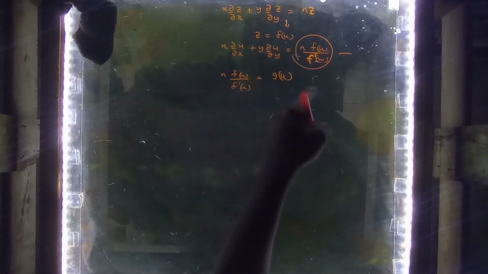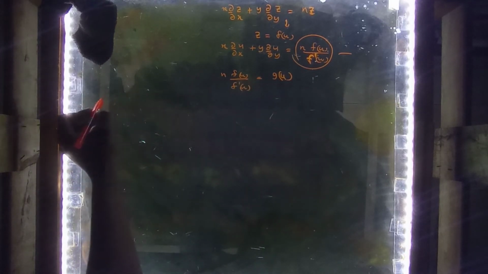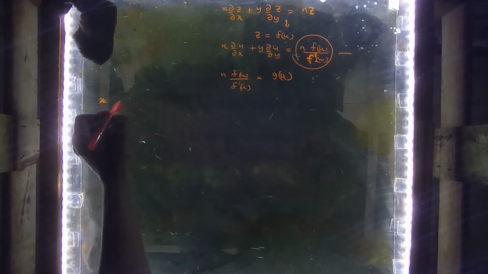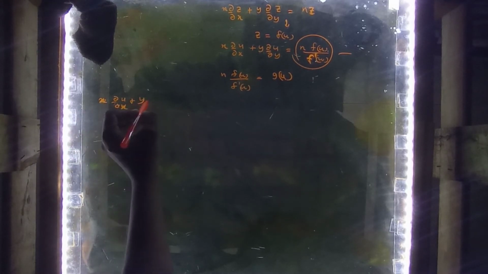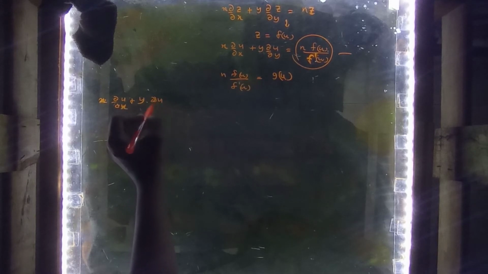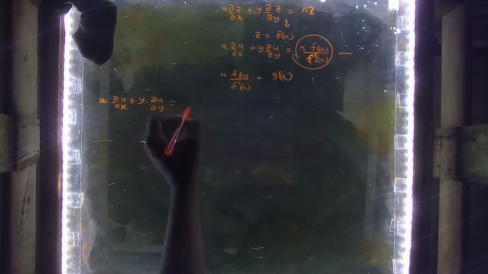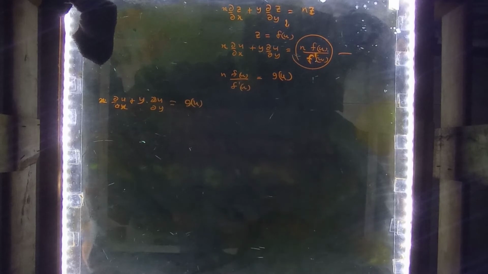So hence with this substitution, you may be able to write down x times partial u with respect to x plus y times partial u with respect to y is going to be equal to g of u. Based on this expression, I'm going to derive the first del e. I'm going to differentiate both sides with respect to x partially.